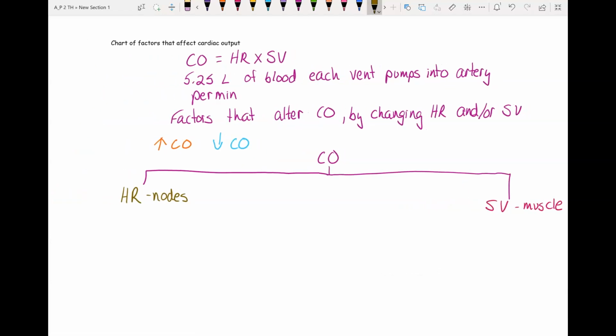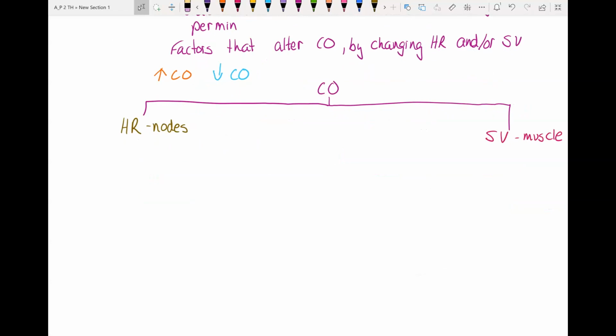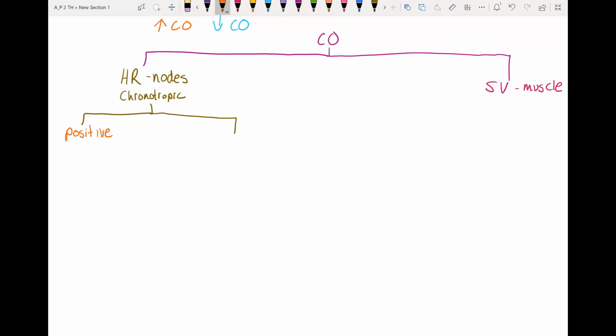Now we can see with heart rate, remember this is going to be controlled by chronotropic agents. And we can split those into positive or negative. So a positive chronotropic agent is something that will increase cardiac output. Positive chronotropic agents are going to be norepinephrine, because remember it binds to beta receptors, activates cAMP, opens calcium gates.